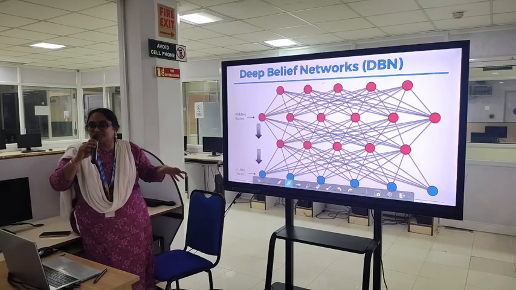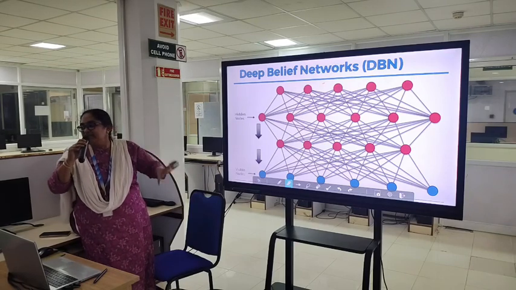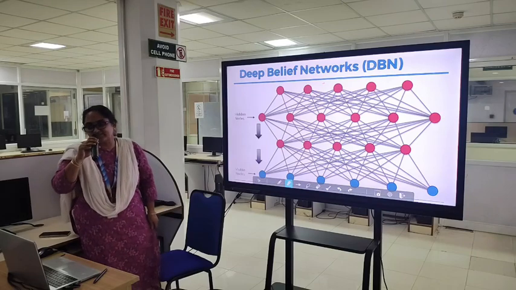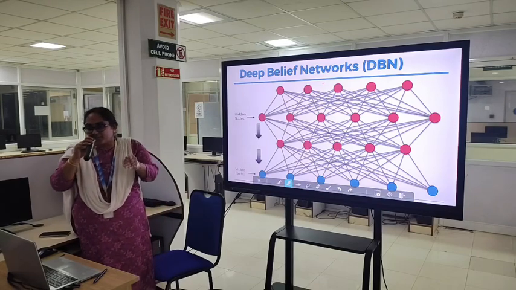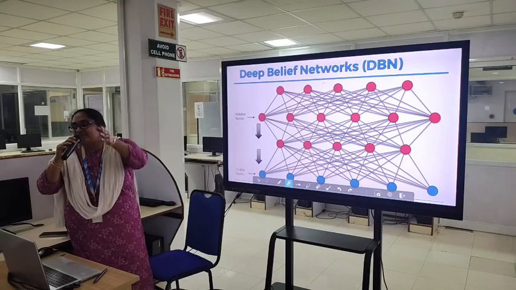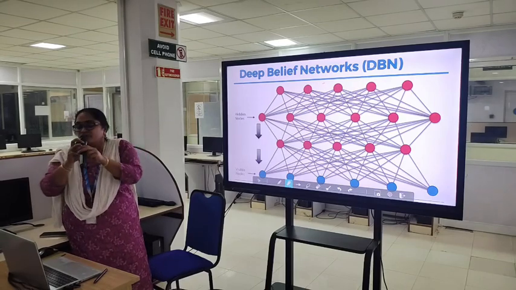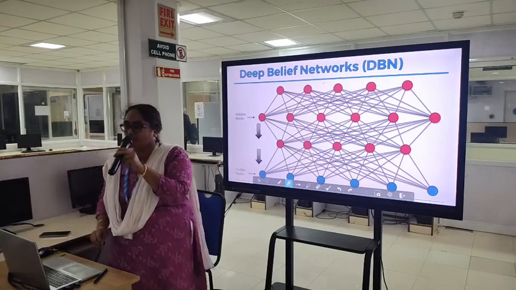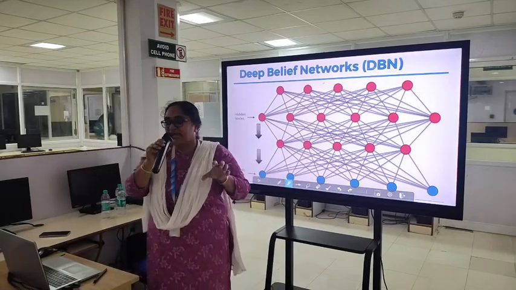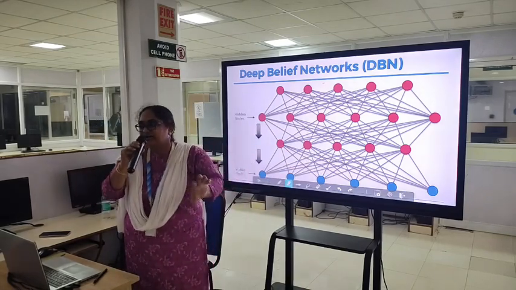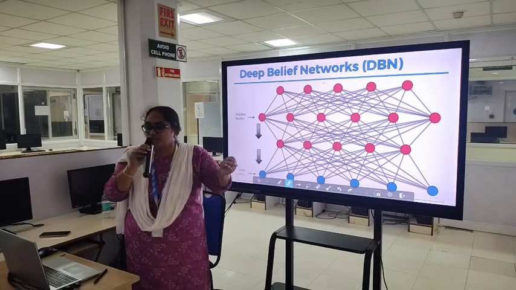The optimal solution need not be the global optimum in a greedy algorithm. That is the main concept there. A greedy algorithm takes whatever is the best available thing at that particular point of time and goes ahead. For example, in a traveling salesman problem, when I am moving from point A to point C, you have some costs that are associated with moving, right?